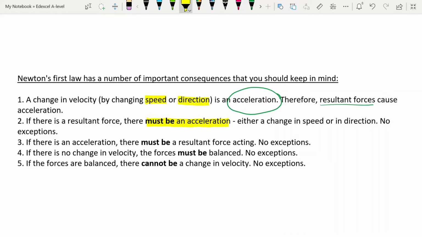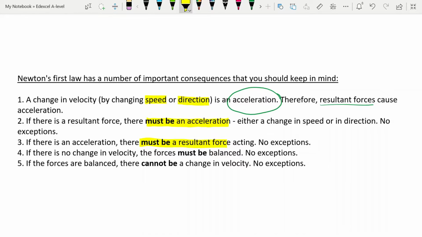So if you can identify that there is in fact a resultant force, you are going to have a change in the motion of the object in the direction of that force. The flip side of that is if you witness an object accelerating, so either speeding up, slowing down, or changing its direction, then you know that there must be a resultant force. There's no two ways around it.